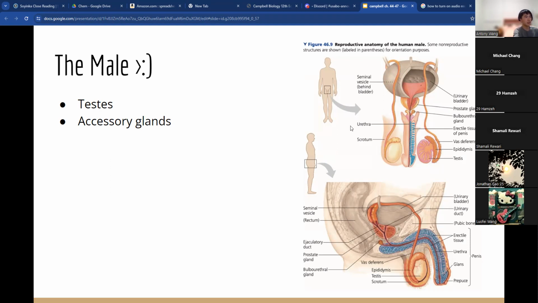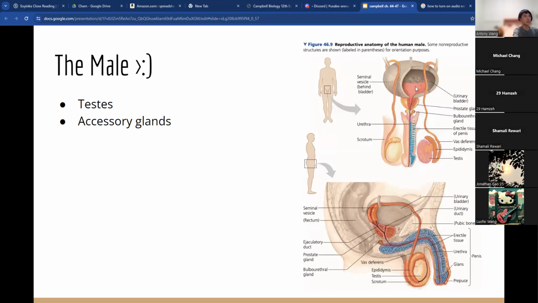If you've ever heard of a vasectomy, it's the surgical resection of this tube. So if you have a vasectomy, the sperm can't go past the epididymis, and therefore you don't release sperm.